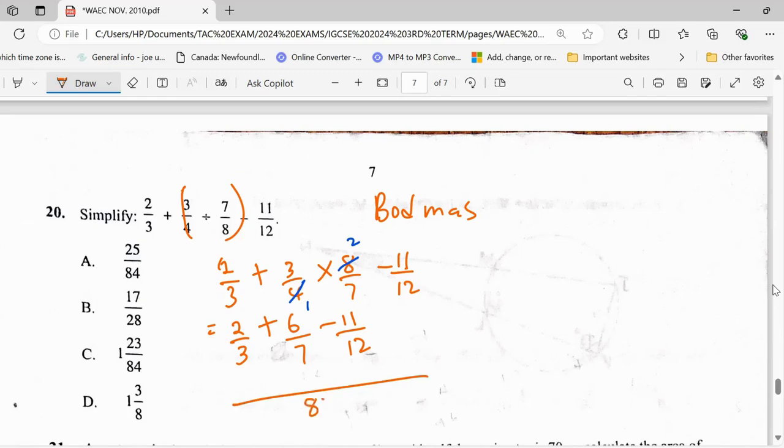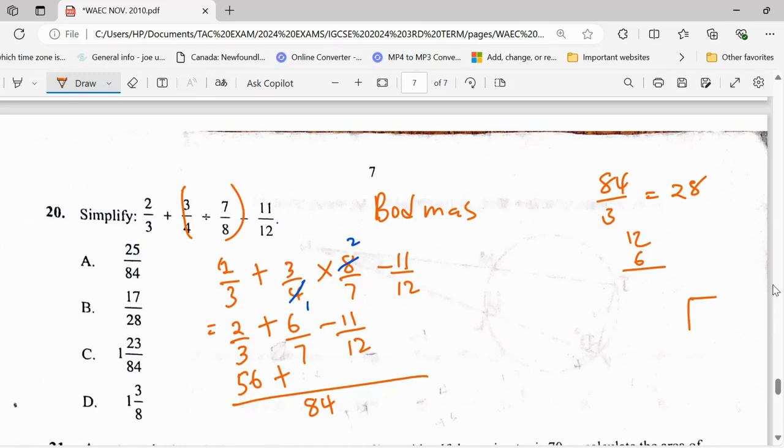The LCM is 84. If you look at 3 in 84, what will that give to us? We have 28 times 2, that's 56. 84 divided by 7 will give us 12.